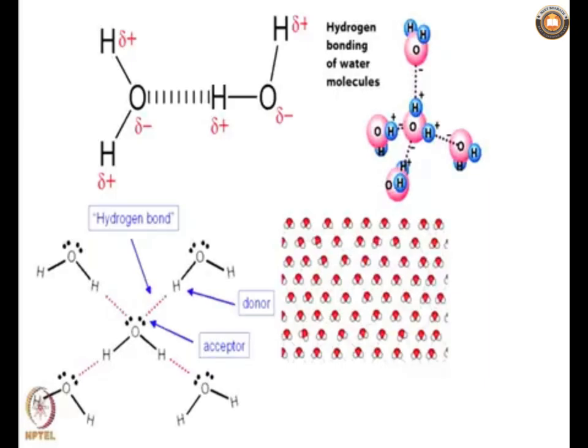You can see each water molecule participating in 4 hydrogen bonds, and this spreads in 3 dimensions with neighboring molecules, as each water is tetrahedral in nature. That results in the formation of a 3-dimensional network, and that gives water a very high boiling point. That can also be seen from the other picture, where I have shown oxygen in red color and hydrogen in blue color.